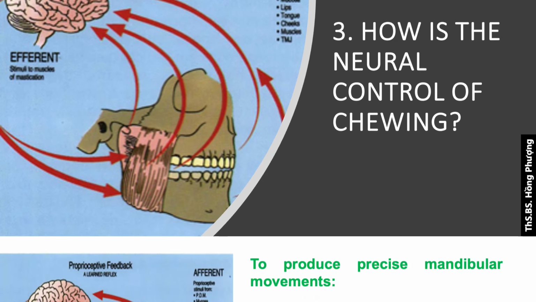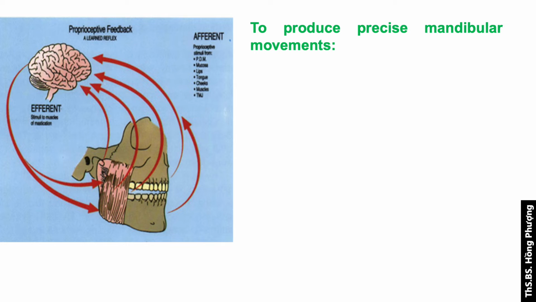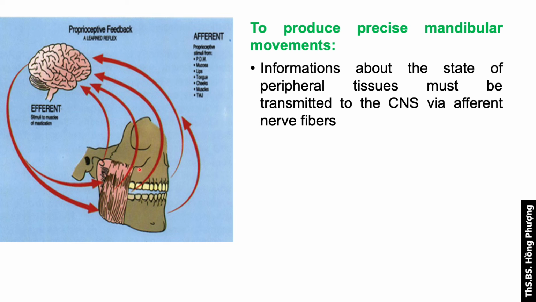Let's answer the question. To produce precise mandibular movements, all of the information about the state of peripheral tissues must be transmitted to the central nervous system via afferent nerve fibers.